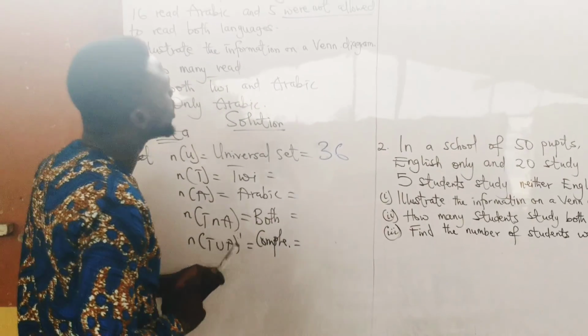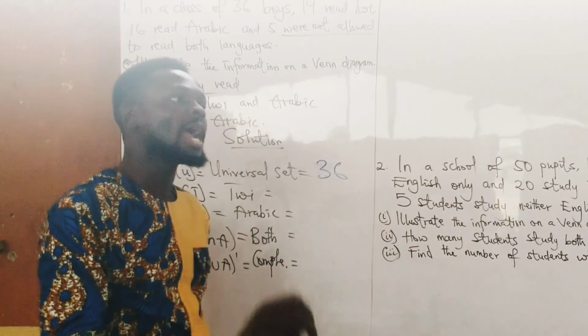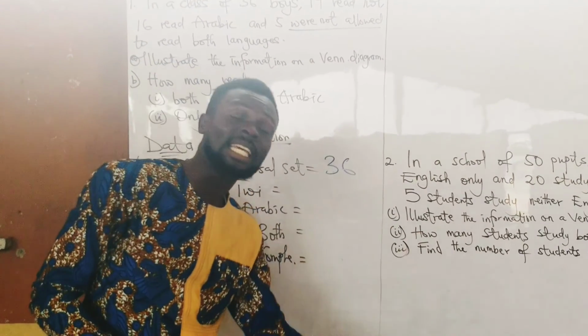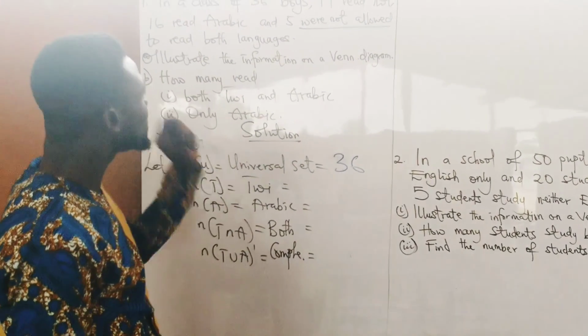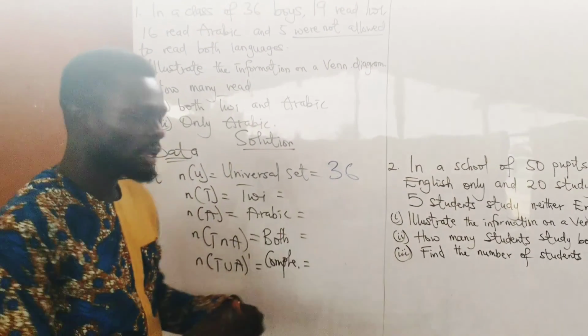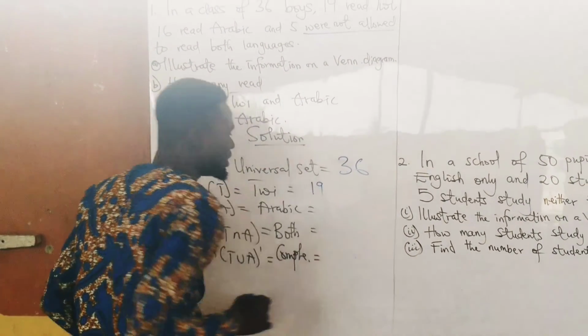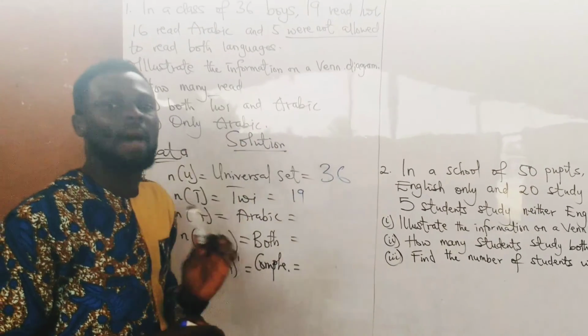When you continue, 19 read Chi. Always take good note of this question if you have only and no only. So it says that 19 read Chi, and we are going to position them here. And 16 read Arabic.